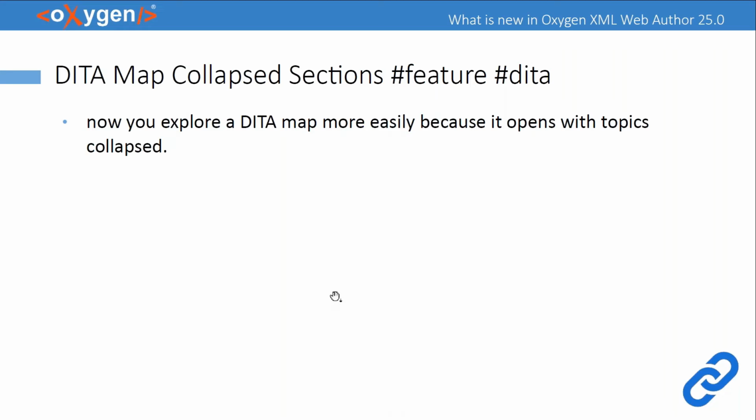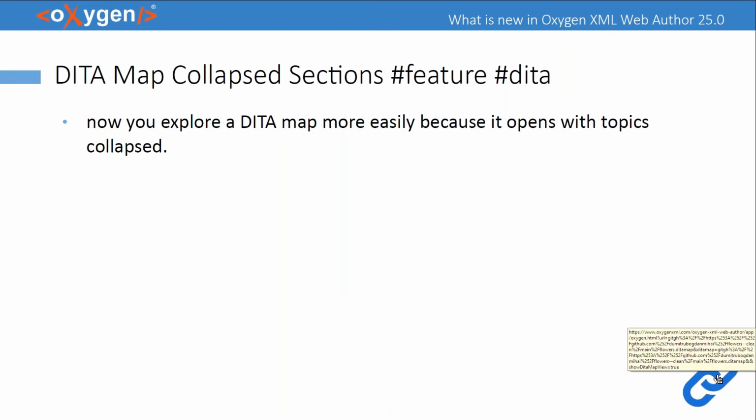Usually, DITA Maps have hundreds, or maybe thousands, of topic graphs, and when you open a DITA Map, you kind of feel lost. It feels very hard to find your way within all the topic graphs. And with this feature, we help users to explore a DITA map with ease. Just let me show you.